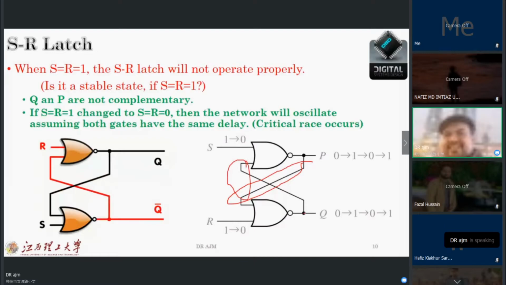Then if S and R are equal to 1, it will change to S and R equal to 0. Then the network will oscillate, and assuming both gates have the same delay, we call it a critical race.